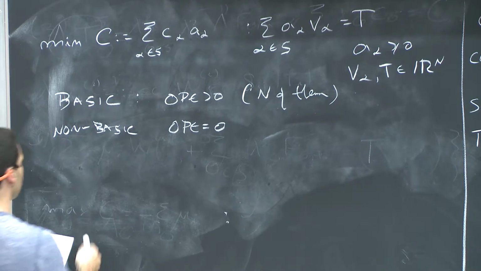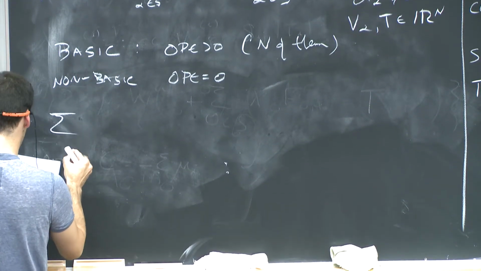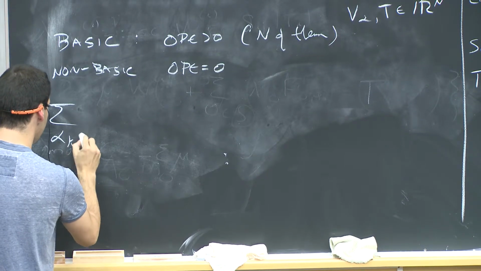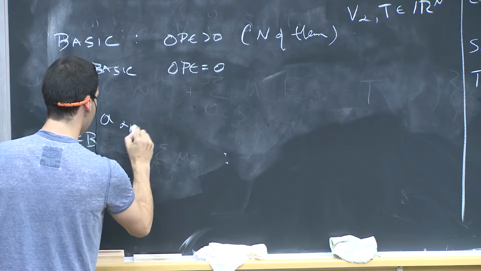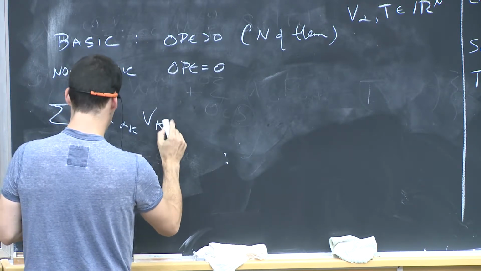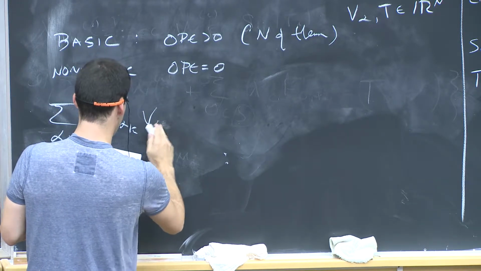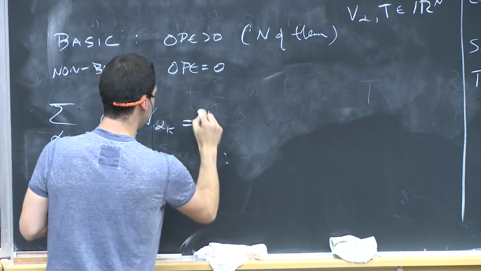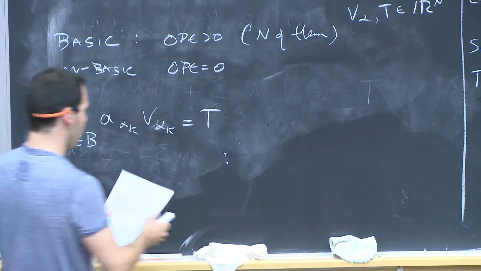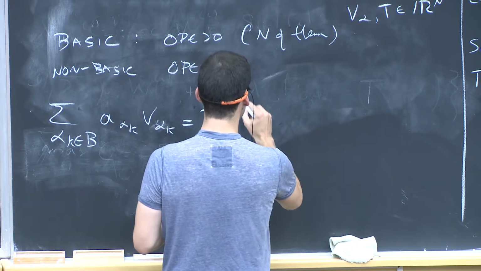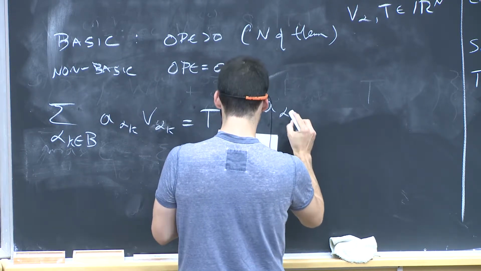So we have some sum over the quantum numbers in this basic set, A alpha k times V alpha k, and this is equal to T. So we start with this, for n quantum numbers labeled alpha k inside the set B. Now, the coefficients I can determine explicitly.